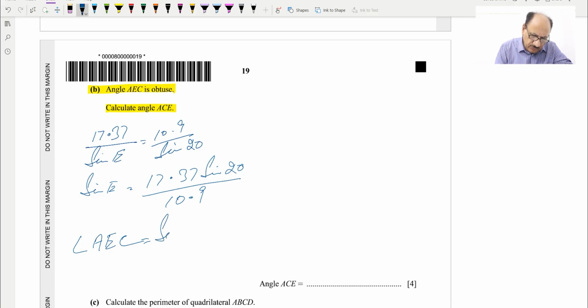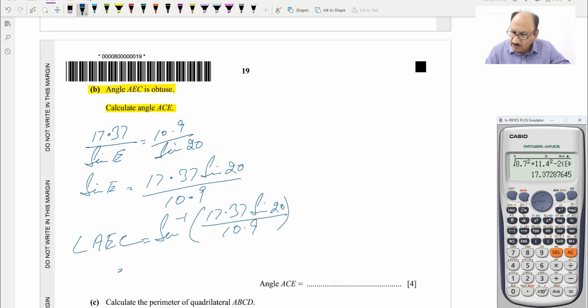First we need to write sine inverse of 17.37 into sine of 20 over 10.9, and this will be equal to what? So shift sine of fraction 17.37 and multiply by sine of 20 over 10.9, and bracket will be closed.